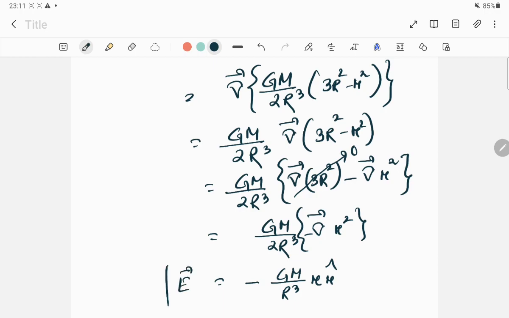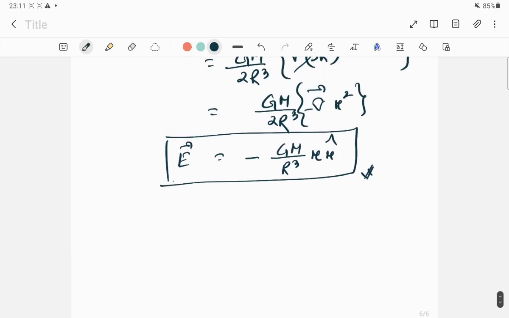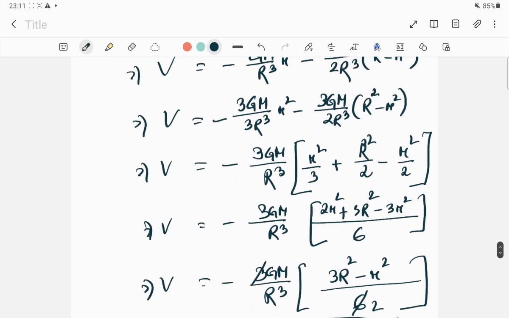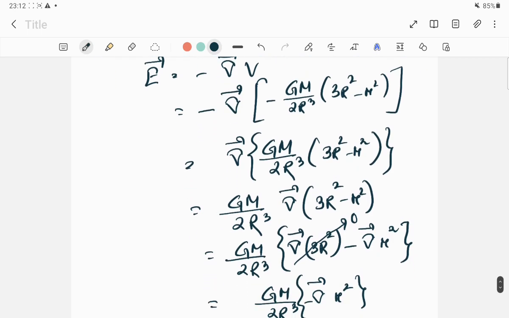So this will be your electric field, gravitational intensity at the point P due to the solid sphere, where the point is inside the solid sphere. So there are some graphical representations for this, which I have already mentioned in the note. You can check it and match it with the expression that you have obtained.